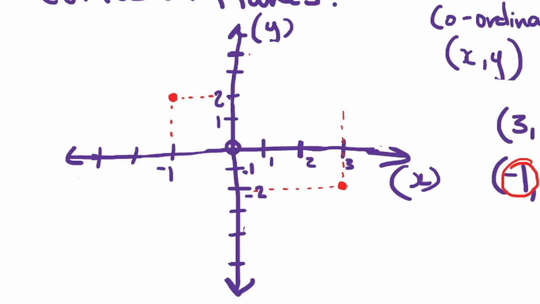Okay, and let's go. Now let's find the coordinates. We're just going to draw the dots and then we're going to label them. So I'm going to do these in blue. There's 1.